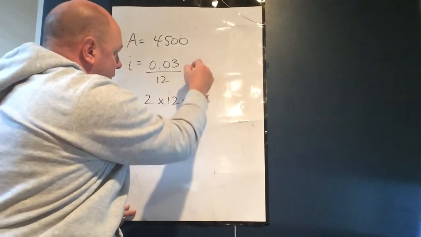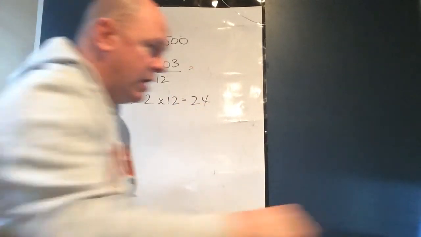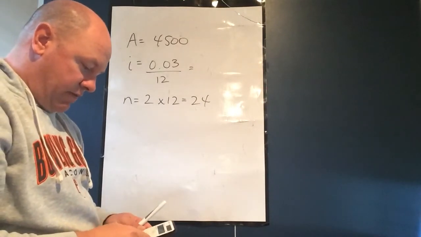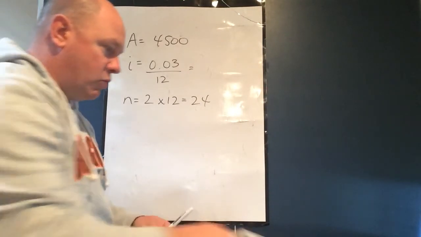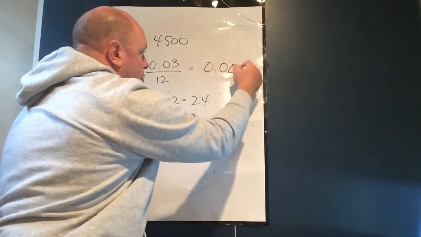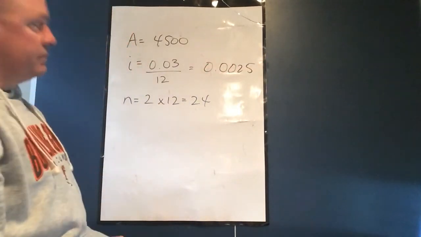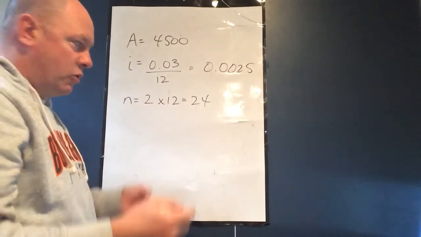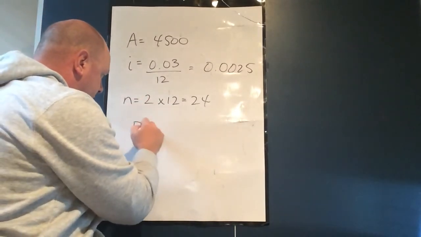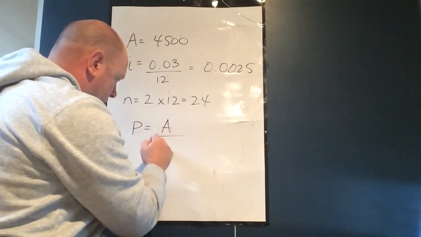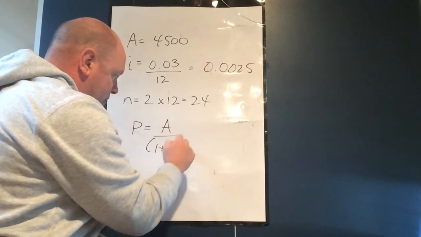So I'll get our decimal form here. We'll type that in: 0.03 divided by 12 gives you 0.0025. So using our method 1 formula, I'll just write it out for you: A divided by (1 plus i) to the exponent n.